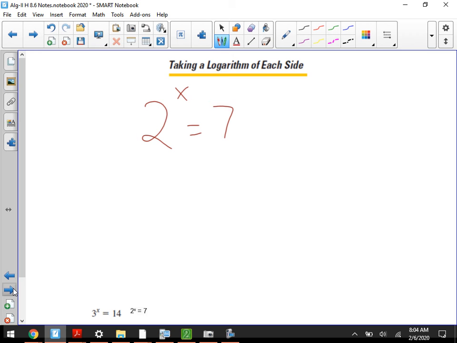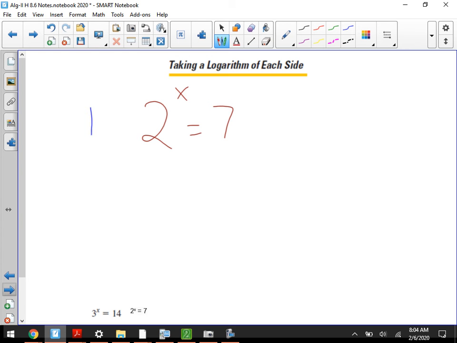Anyway, 2 to the x equals 7. So basically what we have to do here is we have to figure out a way to get the x value out of the exponent. And we have to log it. But what log base do we have to do? 2. So in this case here, to get this unknown variable out of the exponent, you have to log both sides.